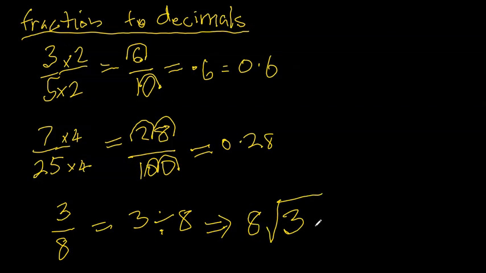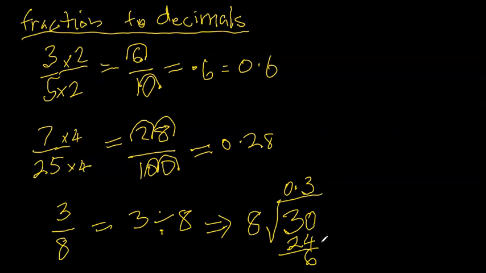If you want to use this long division, 8 into 3 is not possible, so we write our 0, put a decimal point, and add a 0. 8 into 30 is 3, and 8 times 3 is 24. We subtract and get a 6 here.